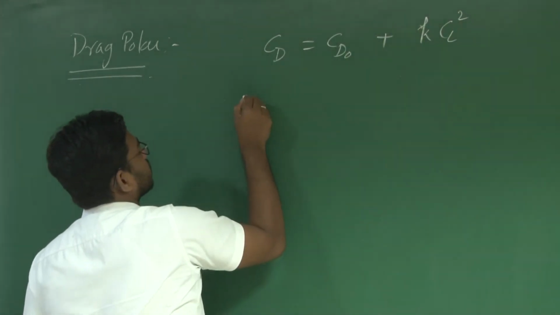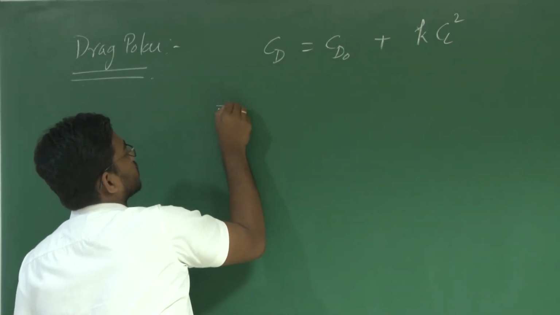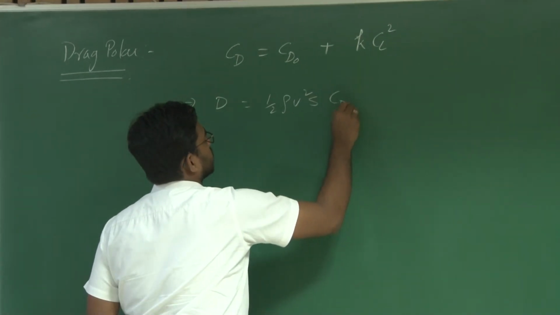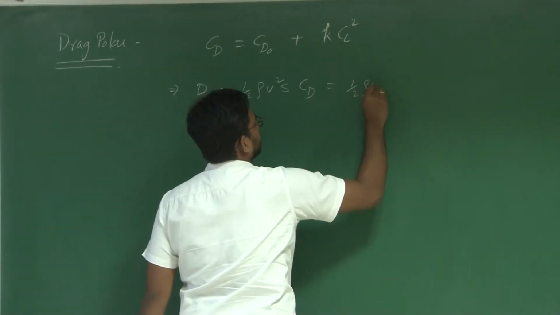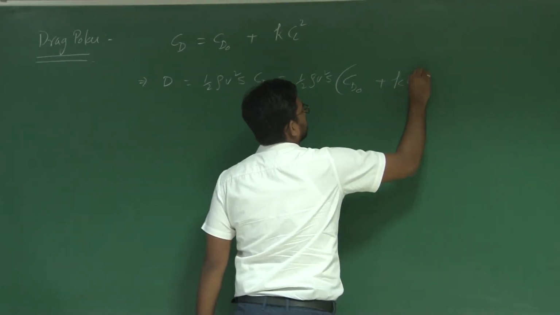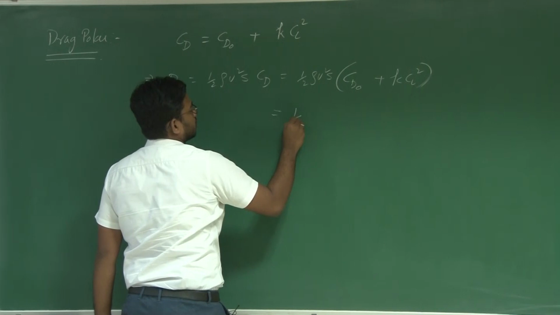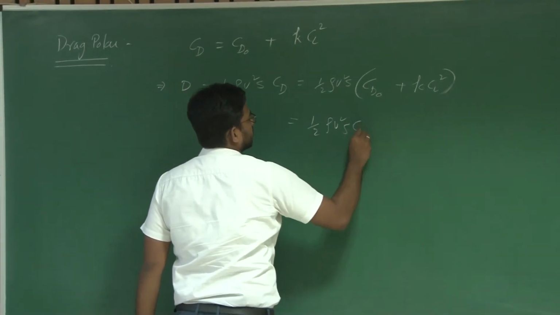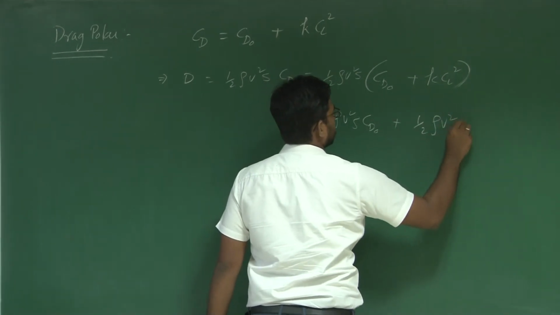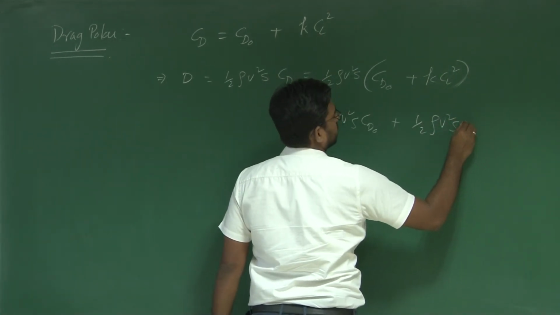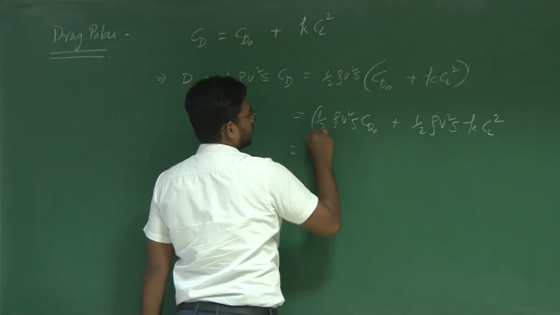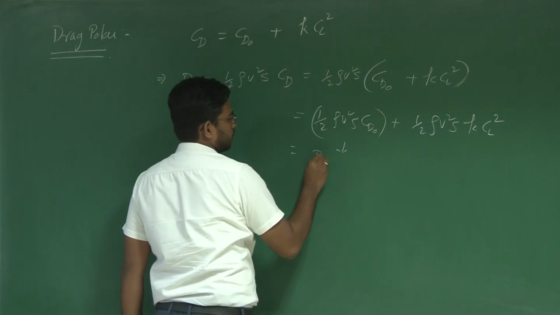So the total drag is half rho V squared S into CD, which is half rho V squared S into (CD naught plus K CL squared). So this can be further expressed as a summation of profile drag as well as induced drag. Okay, this term corresponds to profile drag.